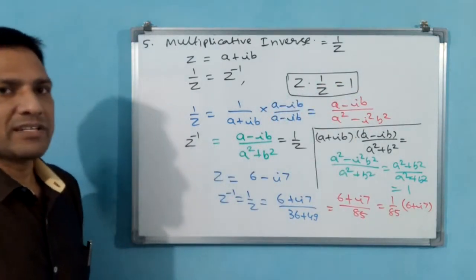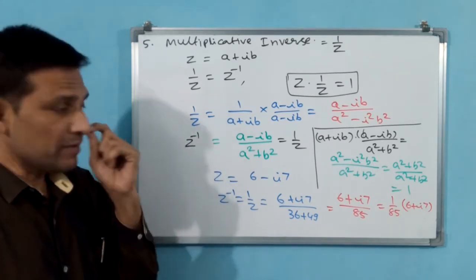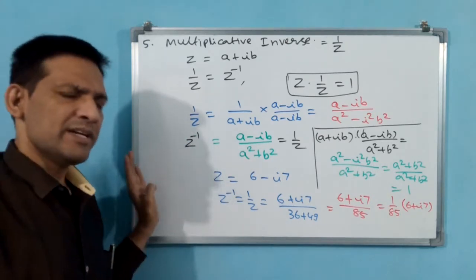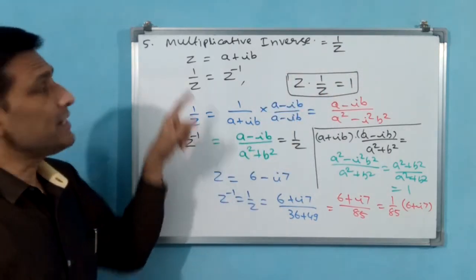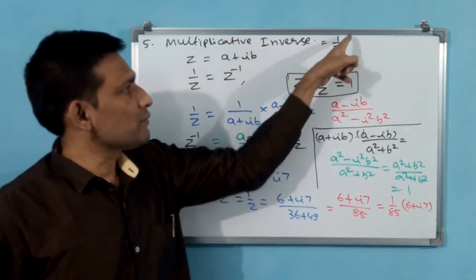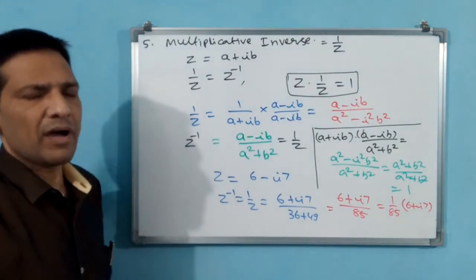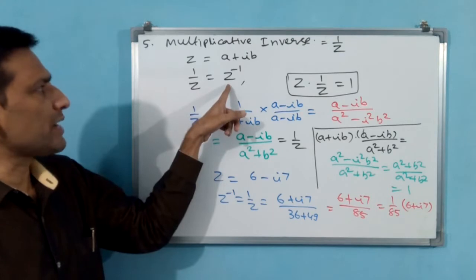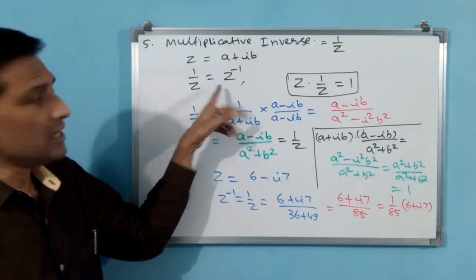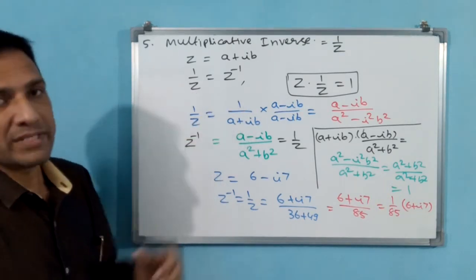Z into 1 by z is equal to 1. That means z into z inverse. Because z inverse we have received, normally if you multiply z into z inverse, automatically 1 is going to come. That means finally multiplicative inverse is 1 by z or z inverse. Okay, like that you have to know. 1 by z can also be written as z inverse, but you always practice this 1 by z.